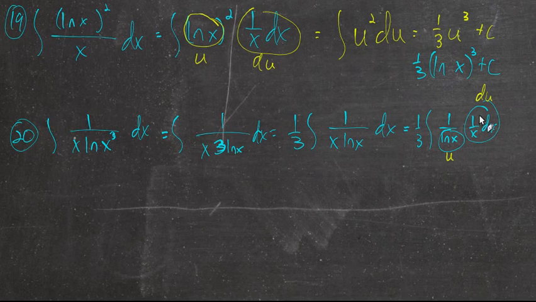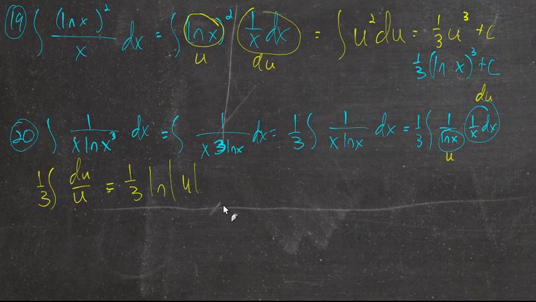So looking at it that way, we have du times 1 over u, or we have du over u. And what's the antiderivative of du over u? It's the natural log of the absolute value of u. So 1/3 times the natural log of the absolute value of u. U was the natural log of x. So it's the natural log of the natural log of x.